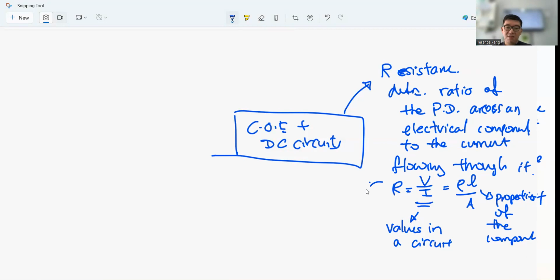All of this has to be SI unit. So we have ohms here. Current is ampere. V is voltage. L is what? Meters. Meters square. Rho is then what? Rho is then ohm meter.